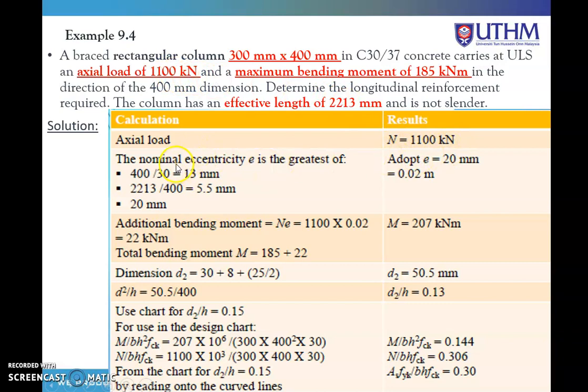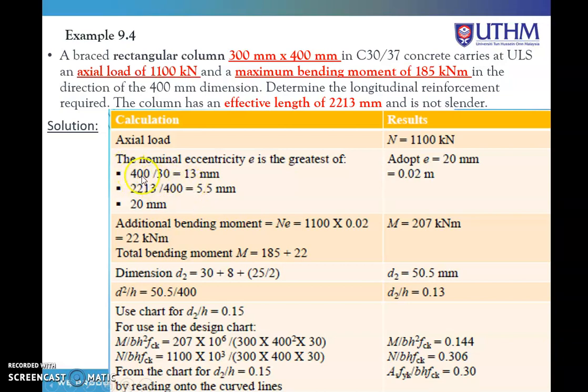So we need to check the nominal eccentricity e and which one is the greatest, and we will take it as the value. Okay. So this one is by using h over 30, so this one is the effective length divided by h. Okay, and divided by 400, not h.